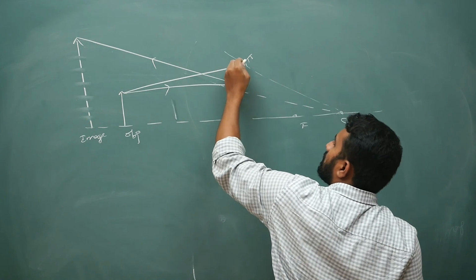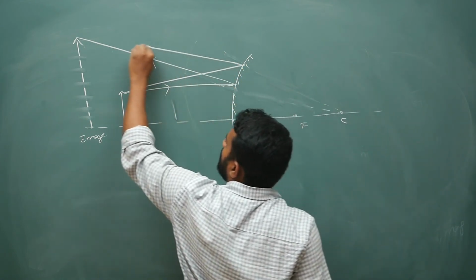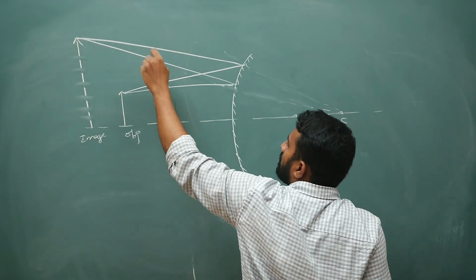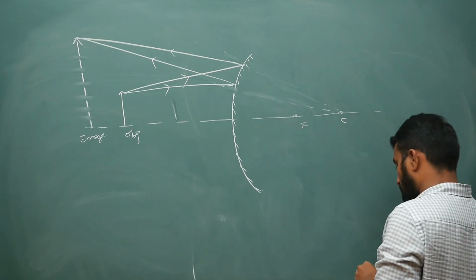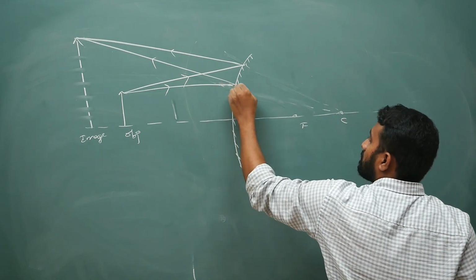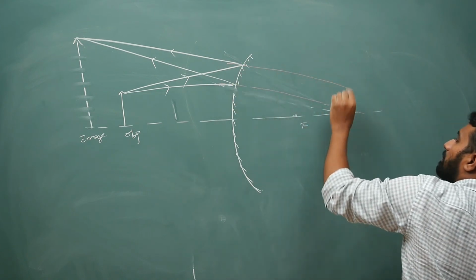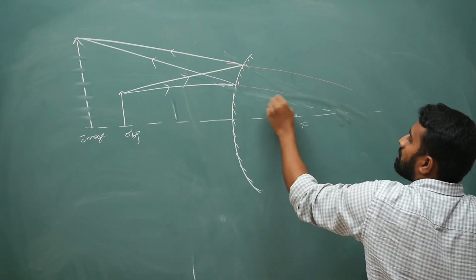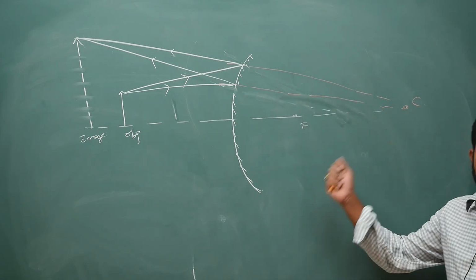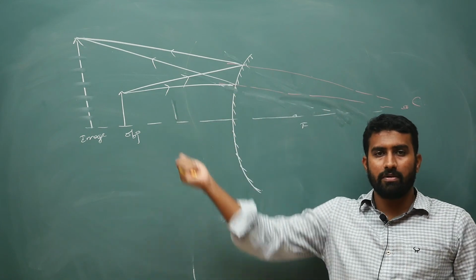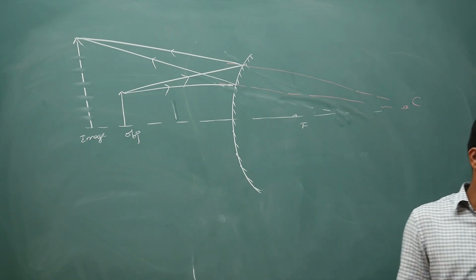Another ray, center, you be careful. Now you check the center. My diagram went a little bad, but here also you will have the same center. Keep the normal. This line joining from center to this point will be the normal. So almost all the diagrams you draw carefully like this.